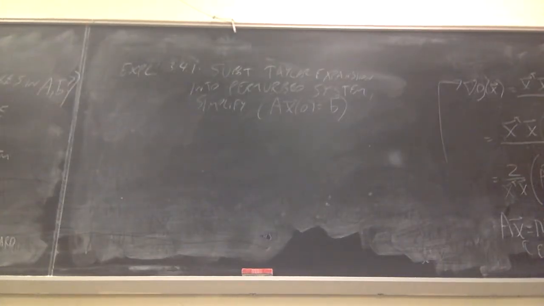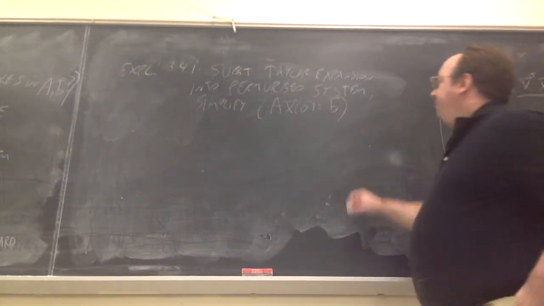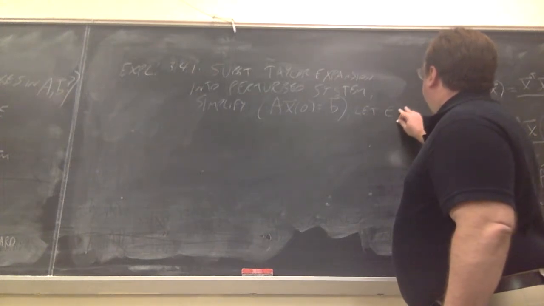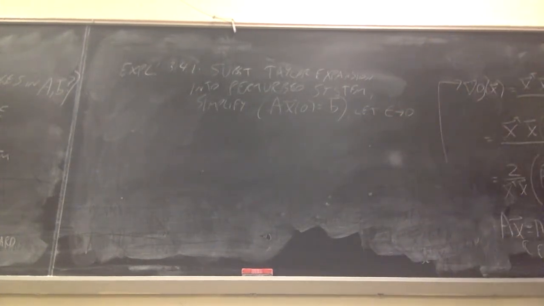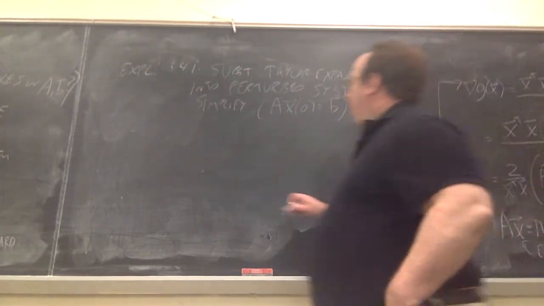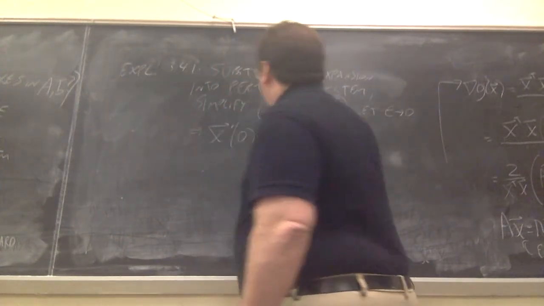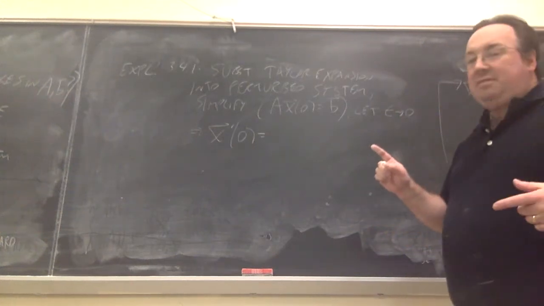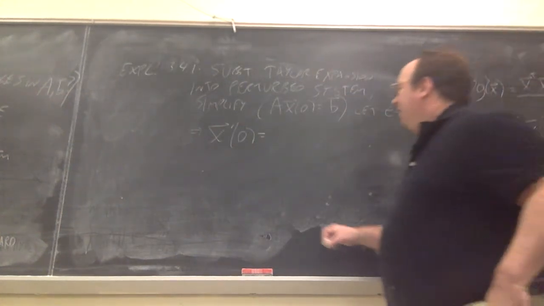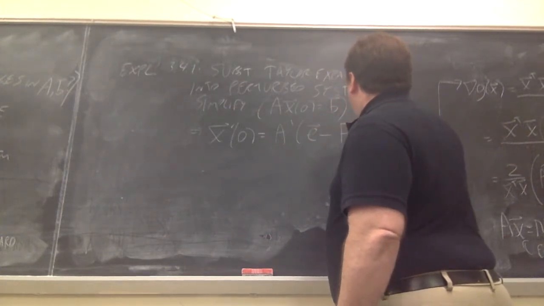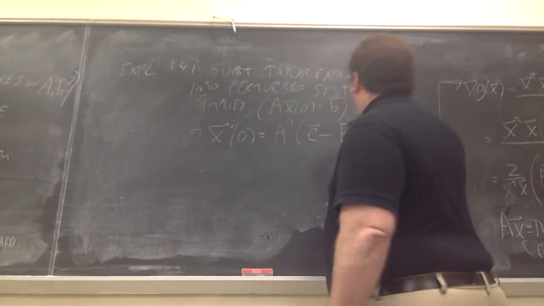So that will simplify a little bit. And then go ahead and let epsilon go to 0. Again, after you simplify as much as you possibly can. Very important. Then you let epsilon go to 0. And what that gives you is a formula for x prime of 0. So this is the conclusion of this homework problem that you'll do later. It's A inverse times the vector E minus big E times the exact solution x.